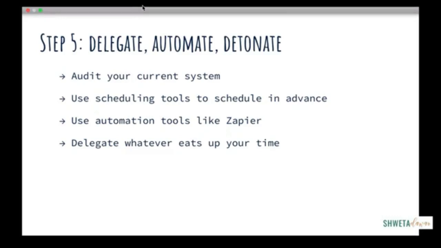So the last step is delegate, automate, or detonate. So you may or may not have a content system in place. If you do, you should definitely audit your current system. Are you posting on platforms that are really not giving you any return on your time investment?